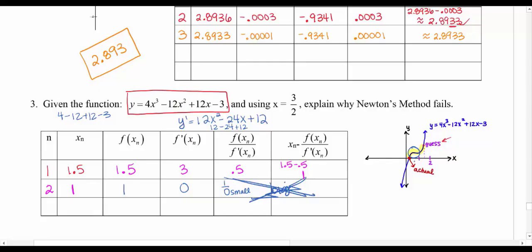If I guessed something like 1/2 to start with, Newton's method would have worked. So it doesn't necessarily mean that Newton's method won't work for any value. Newton's method just failed for the value that you chose. So you just have to be careful that you're picking something decently close.